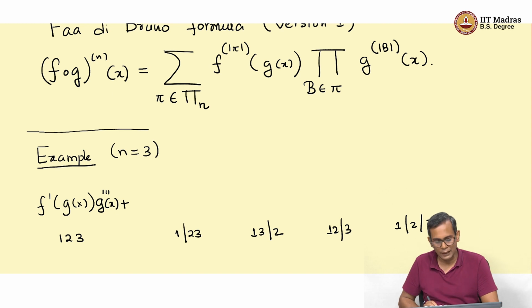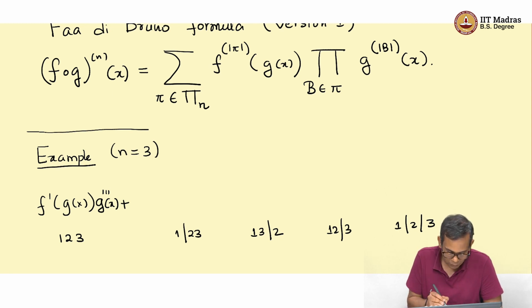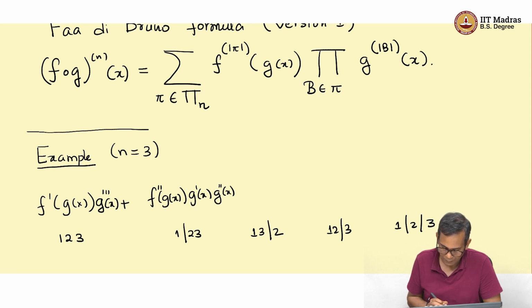Okay. Now let's write down the factor corresponding to the set partition 1 in one block and 2, 3 in another block. So now how many blocks do I have? I have 2 blocks. So I have f double prime of g of x. And then I have one block of size 1, so I write g prime x. Another block of size 2, I write g double prime x.